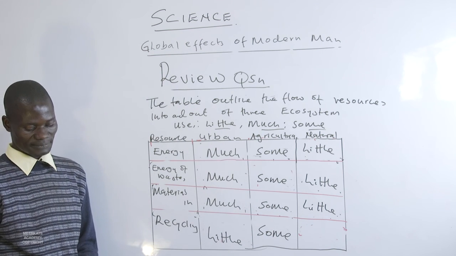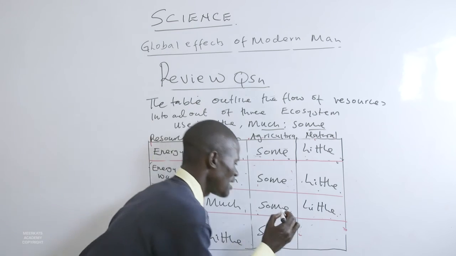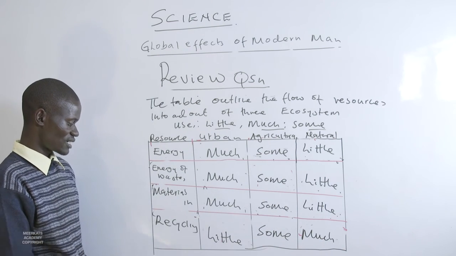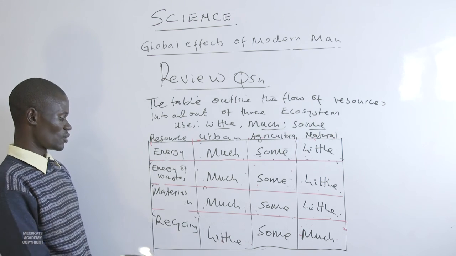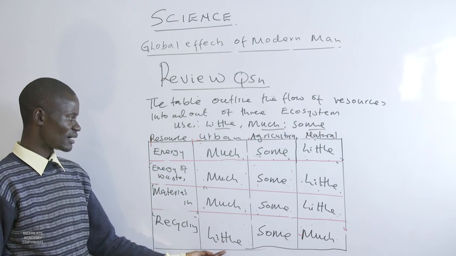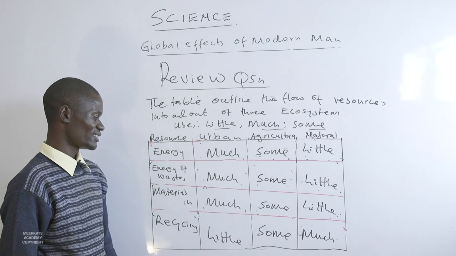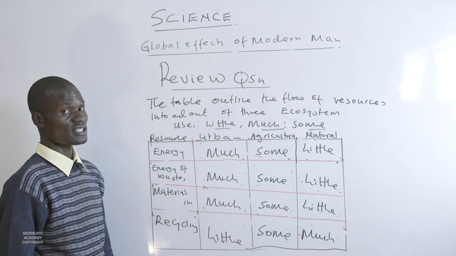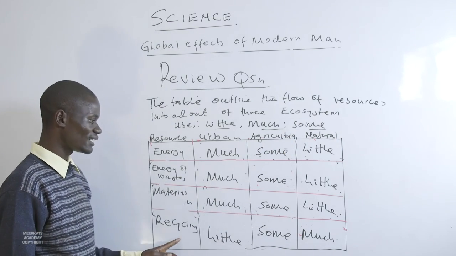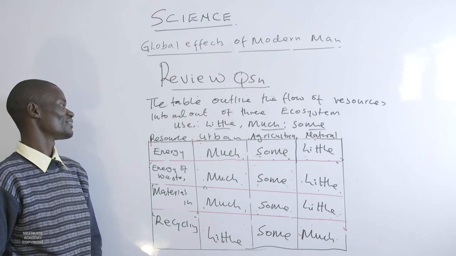Some of it comes from the agriculture, and much of it comes from the environment. For example, the solar energy: very little comes from urban center, and some comes from agricultural activities such as the biogas, and then much of the recycling energy comes from the natural environment.